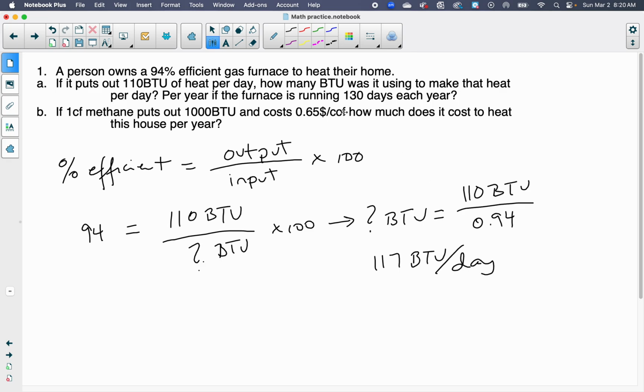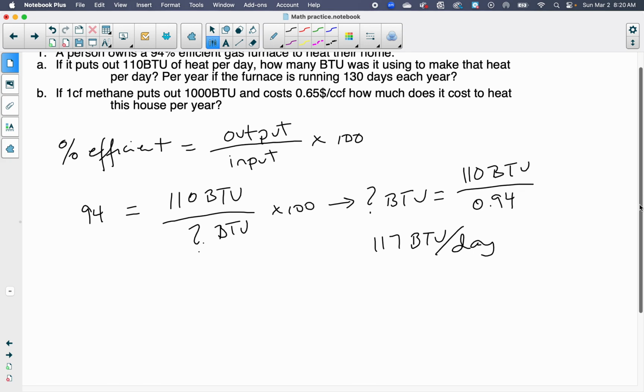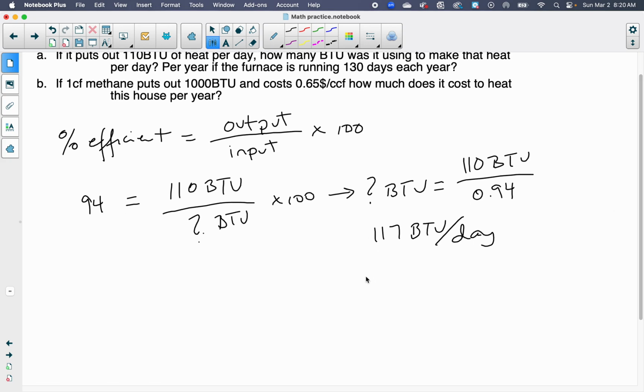And if we want to know about per year, then we're going to run this heater, not every single day of the year, but 130 days each year. Let's just redo it all.